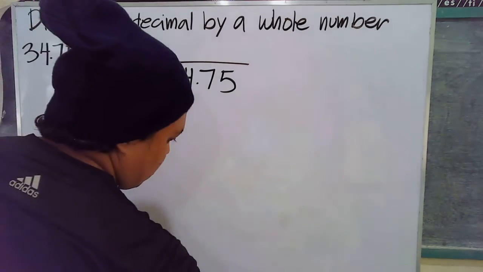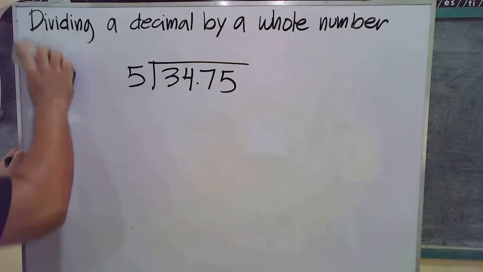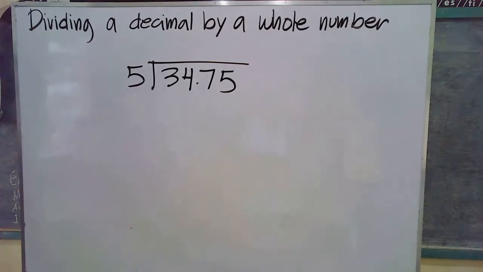Okay, so let's erase this first. So again, how to divide decimals. In dividing a decimal by a whole number, write first the decimal point on top of its original position.